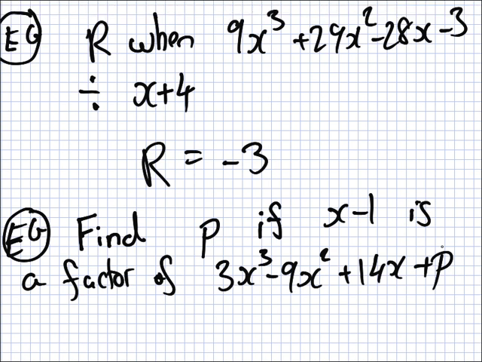Now, the key word here is actually factor. What is useful to know if it is a factor? What is the remainder supposed to be? 0. If you know the remainder is 0, and you can use the remainder theorem, 0 is supposed to be the answer. I think you can figure out what the p should be. Go give that a try.